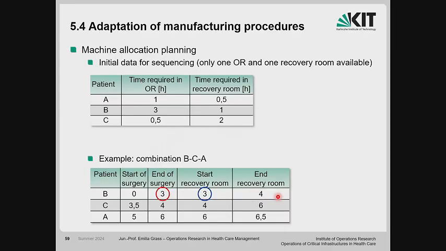This is why we don't start with C at 3, but at 3:30, because at 4 the patient is done and can instantly go to the recovery room. So 3 plus 1 is 4, and C has to wait half an hour for the surgery because B blocks the recovery room.